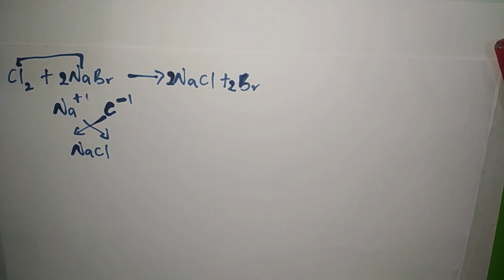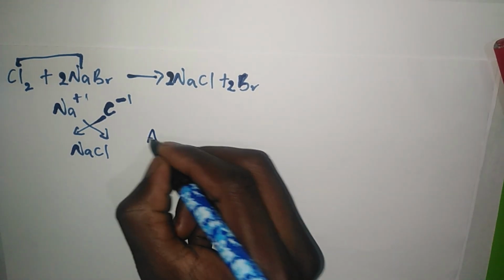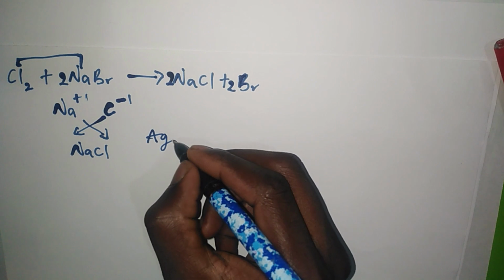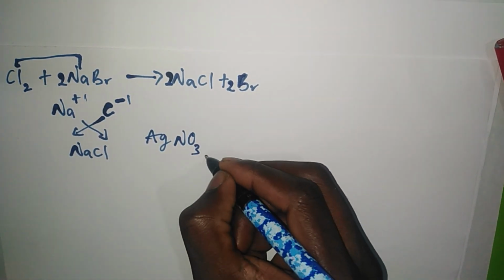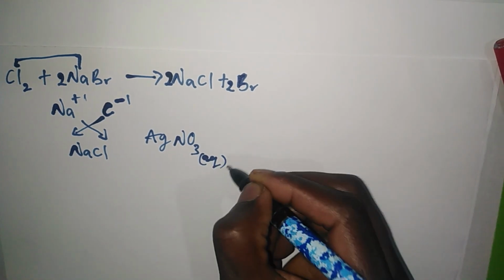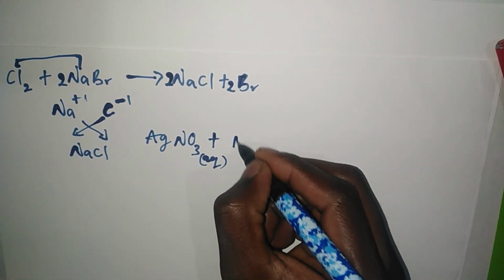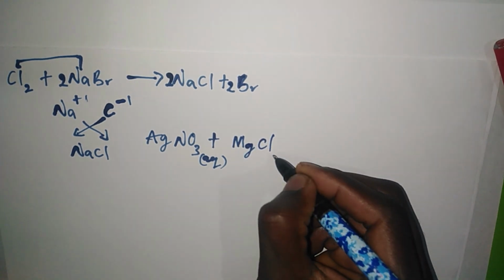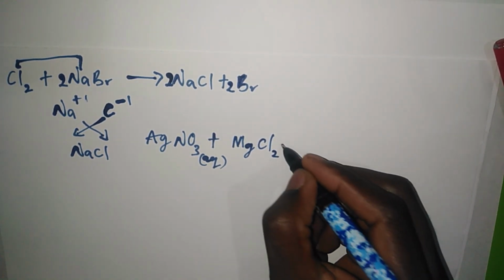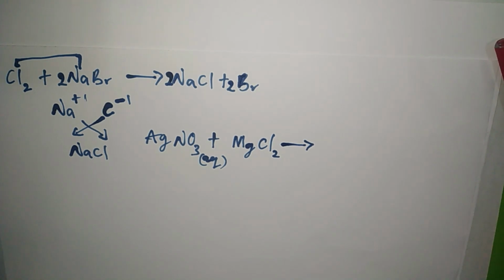Let's take an example of a double displacement reaction. So for a double displacement reaction, let's say we have silver nitrate, right, in aqueous form, reacting with magnesium chloride. Now, how do you predict the product of this reaction?